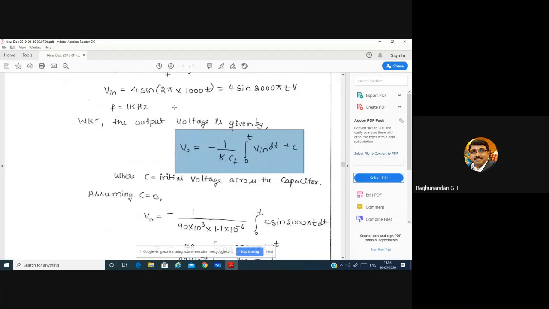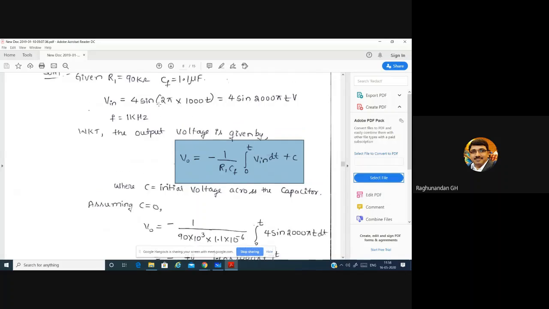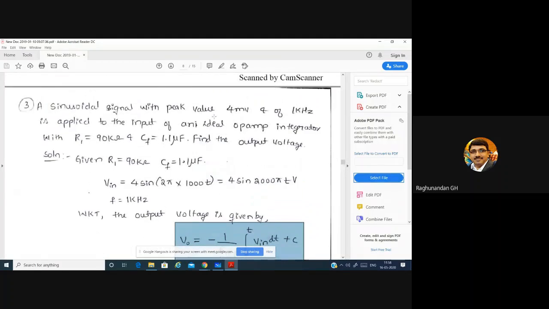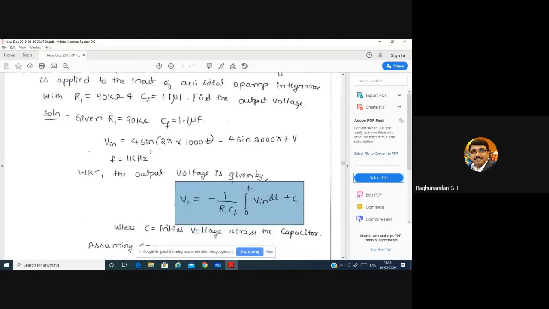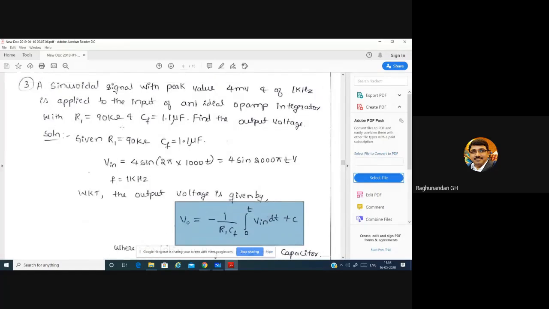The input signal is given as a 4 millivolt peak value, but we have to write it in the form of a sinusoidal signal, because they say it is a sinusoidal signal. In this integration, we are going to convert a sine wave to cosine, a square wave to a triangular wave, or a triangular wave to a square wave.